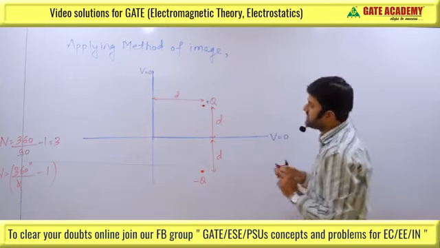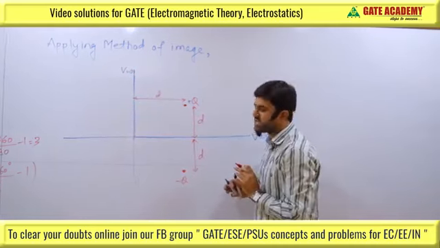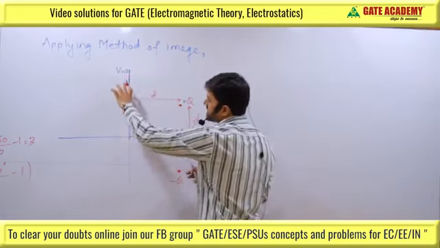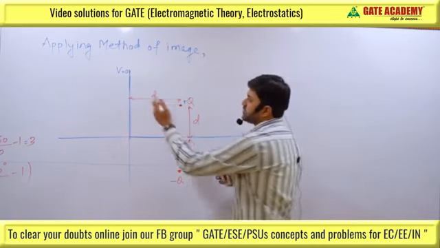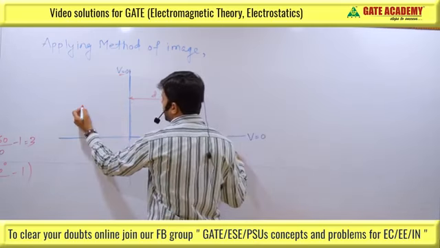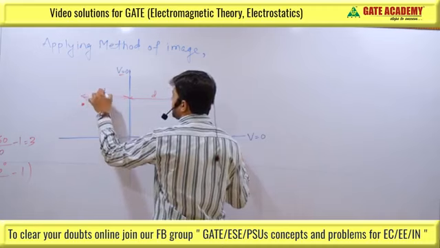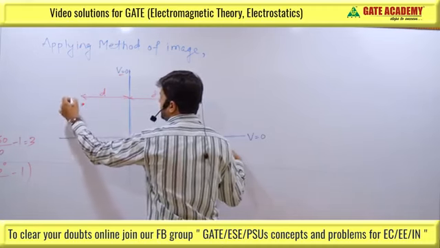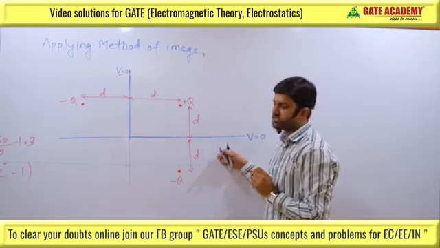Similarly, because this is also a perfect conducting sheet, to make the potential 0, we have to keep another point charge with the same distance d and opposite charge minus q.